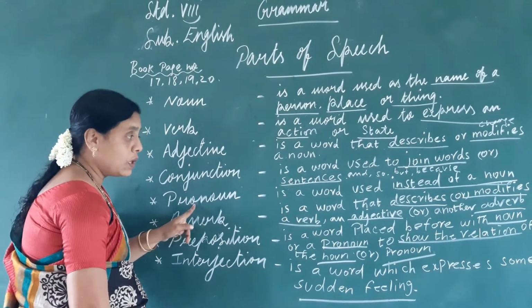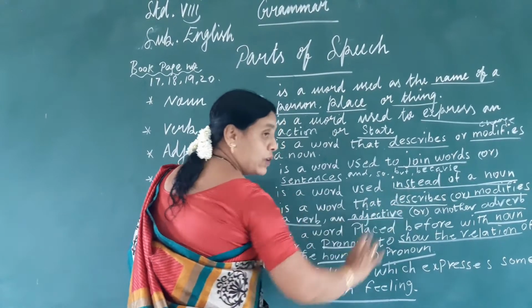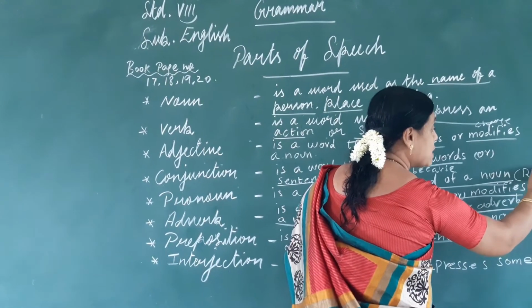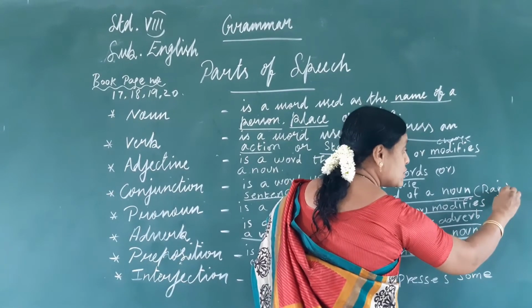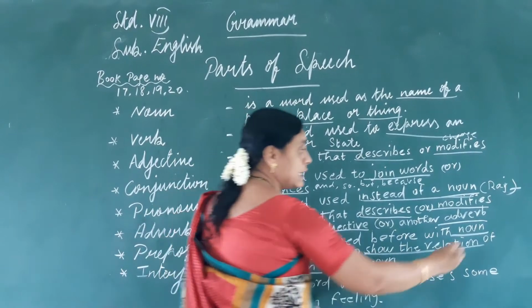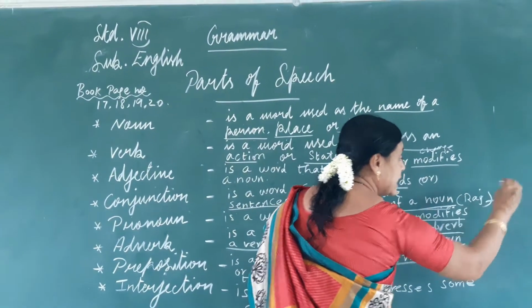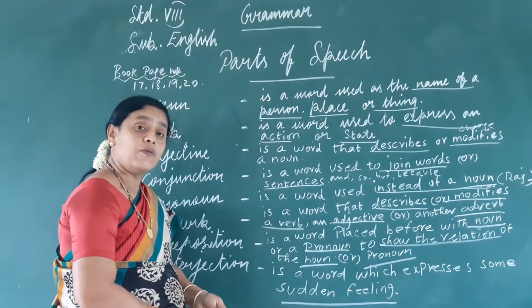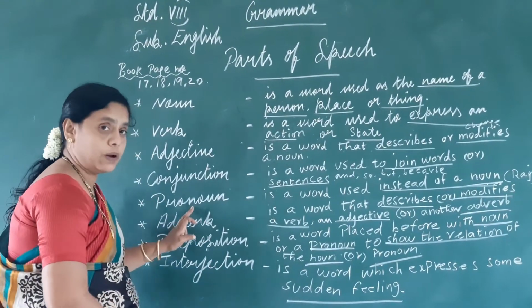What is pronoun? It is a word used instead of a noun. For example, the noun I told you, the name of the person, is Raj. What is the pronoun for this noun Raj? That is he. He, she, it, they, we, you are all called pronouns.